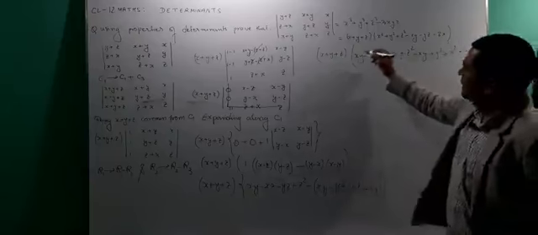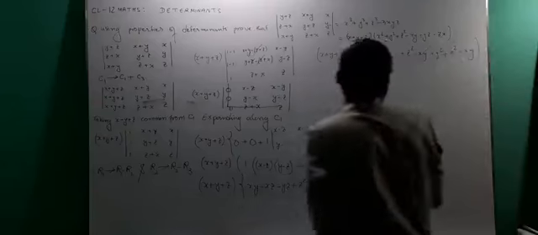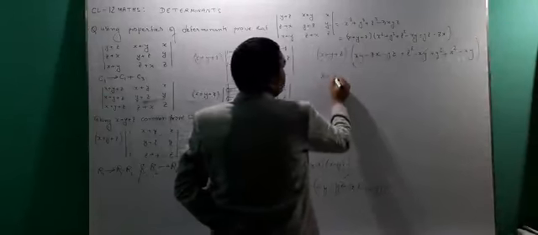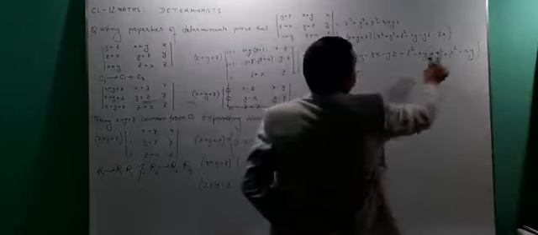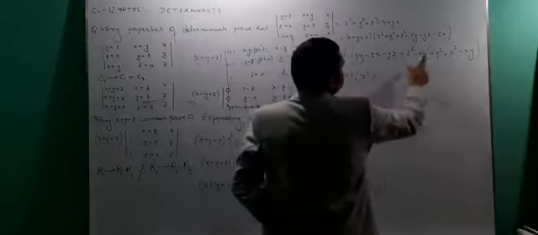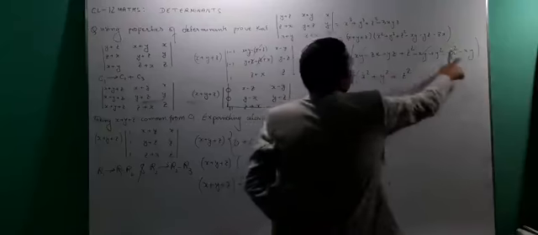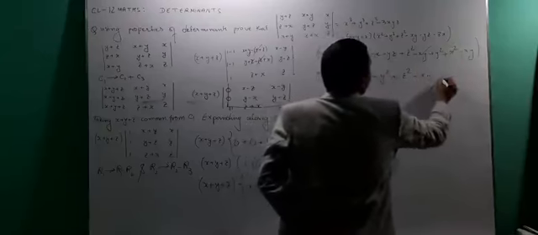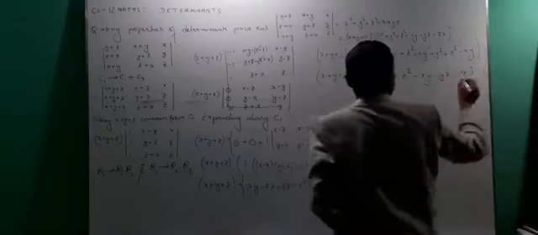Now this plus xy and minus xy cancel to 0. Now write the remaining terms: x plus y plus z, then x square plus y square plus z square, then minus xy, then minus yz, and minus zx.